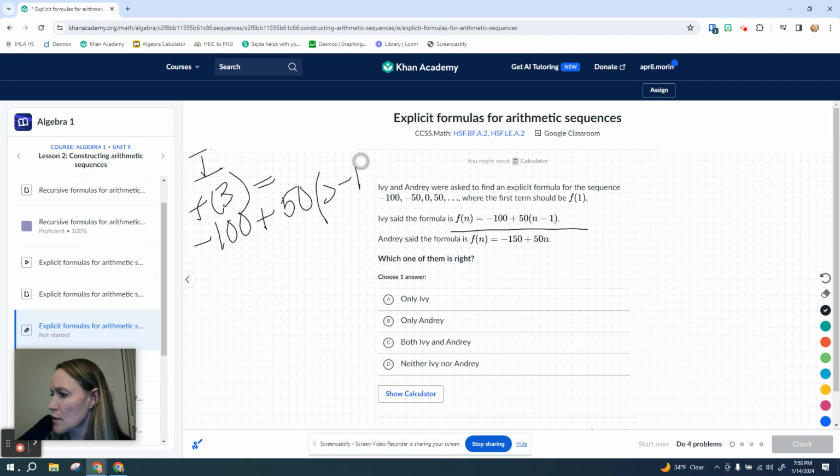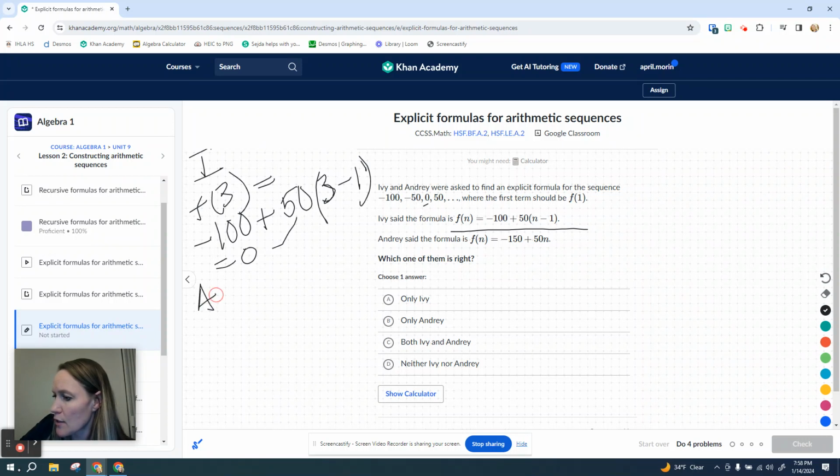Sometimes I write too quickly. So 3 minus 1 is 2. 50 times 2 is 100. So this would be 0. That one checks out because our third term is 0.